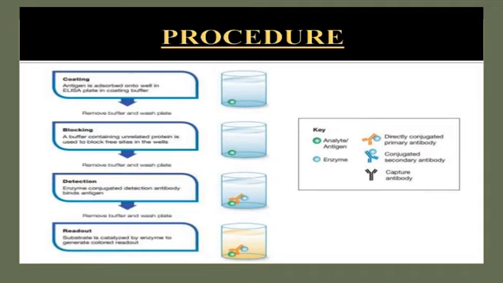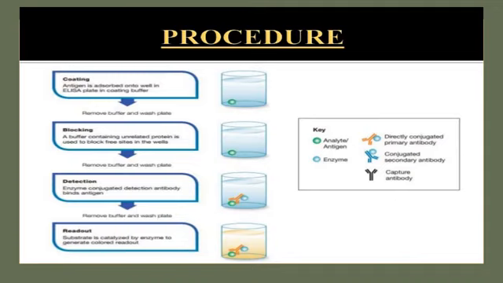Then the third step is detection. We add the antibodies that are linked to the enzyme. So the enzyme-conjugated detection antibodies bind to the antigen. Then after we incubate it for a certain time, we remove the buffer and wash the plate again. There is always washing after each step.